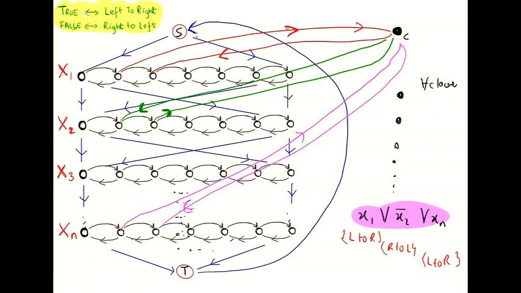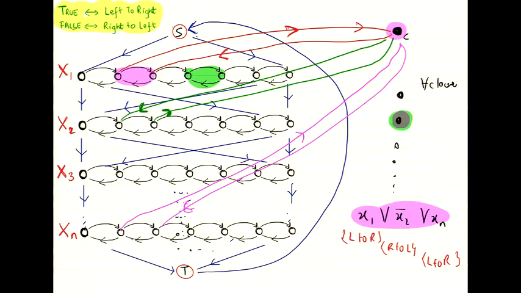So I'll create these long paths and keep the clause edges on these paths far away from each other. Look at x1: this corresponds to this clause, but if there's some other clause in which x1 participates, then maybe it's far away.